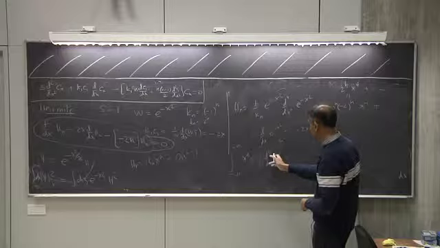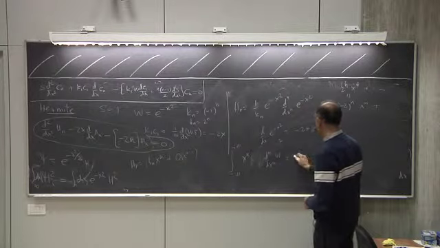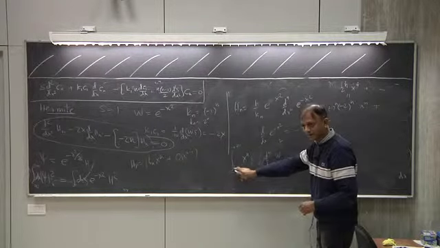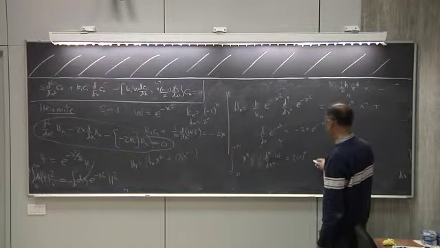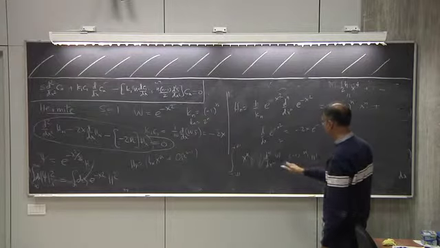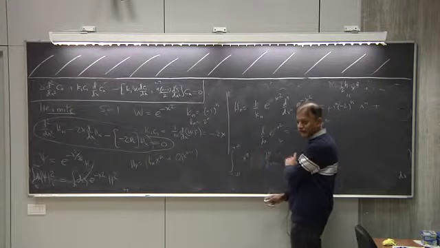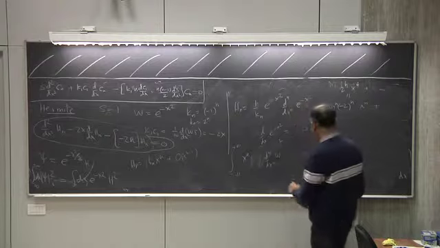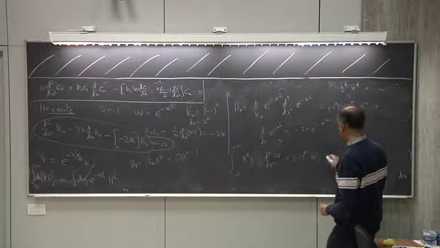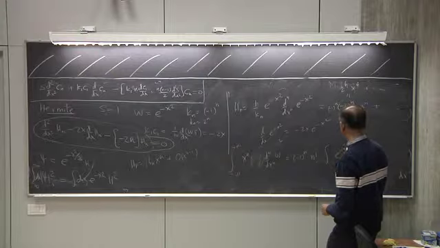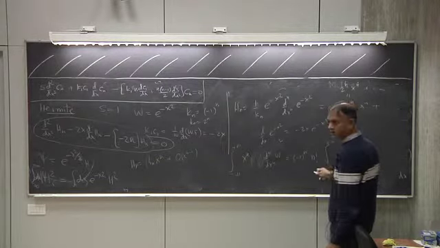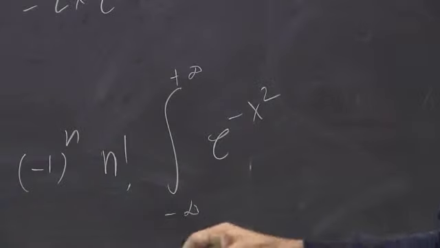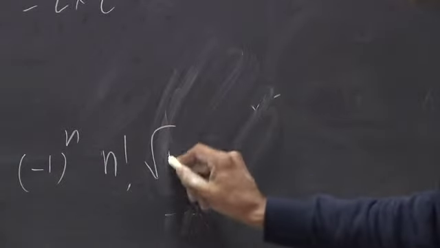So you will get a minus 1 to the n, because you have to do this n times, and factorial n, because n derivatives acting on x to the n give you factorial n, times just the integral of w, which is e to the minus x square. That gives you square root of pi, this Gaussian integral.